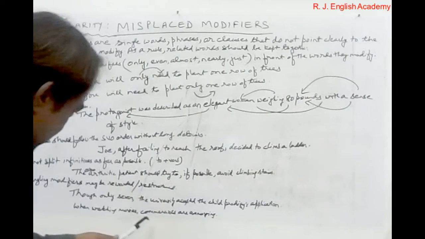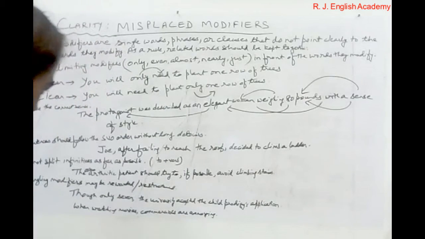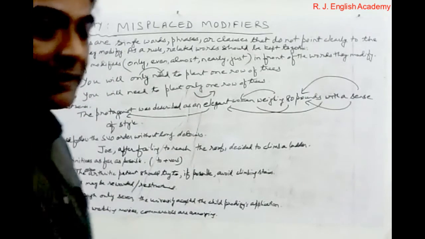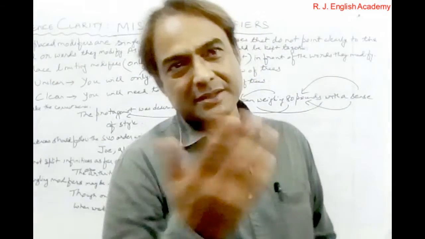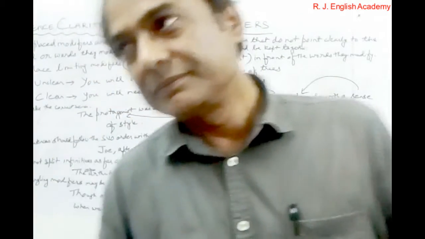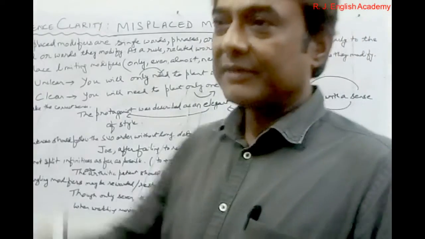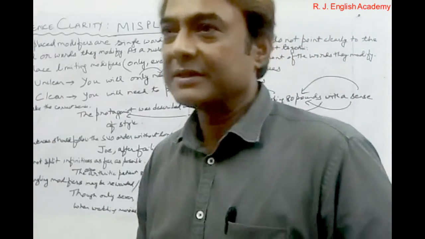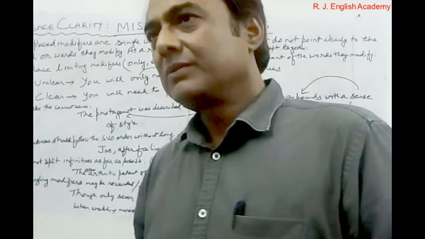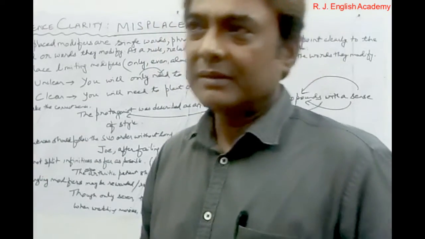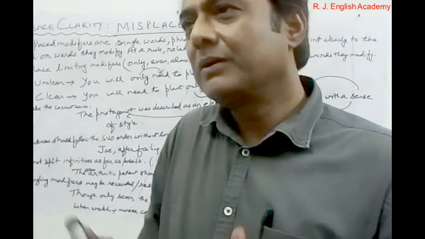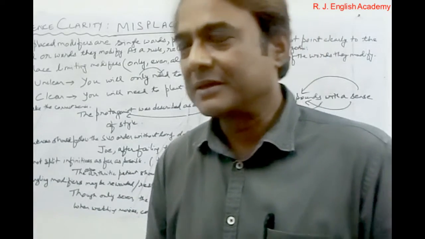Another example is here. When watching movies, commercials are annoying. Now this is a dangling modifier. There's a stylistic error. Authors, all writers have a unique style of their own. They have a distinct style. So they may keep to that style or they may change it.